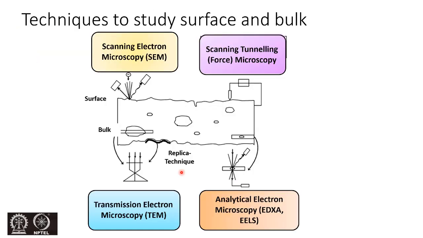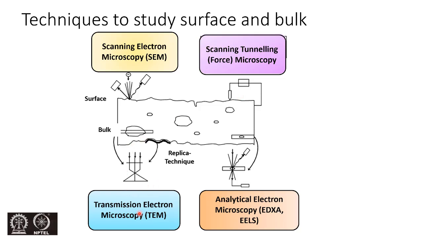So this is a basic difference between all these kinds of microscopy. The SEM gives us the surface morphology, and if you want to check the bulk, then we have to cut the surface, and the cross section we get can be easily observed in the SEM. Then STM will solely give the idea about the surface only.